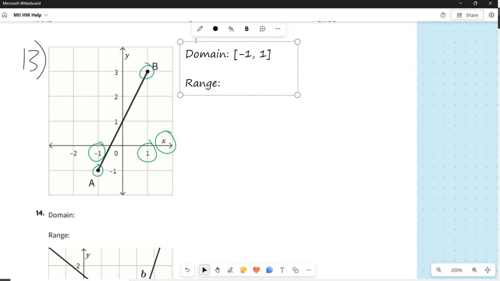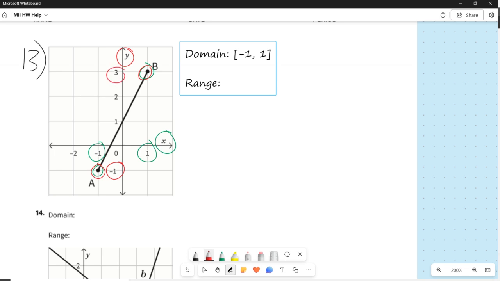Meanwhile, the range is the exact same thing except it deals with y. The range is what are all of the possible y values, or what are all the possible outputs of this function. It's the same endpoints, but now we're just focusing on the y values. The smallest y value is -1, and it includes the -1.